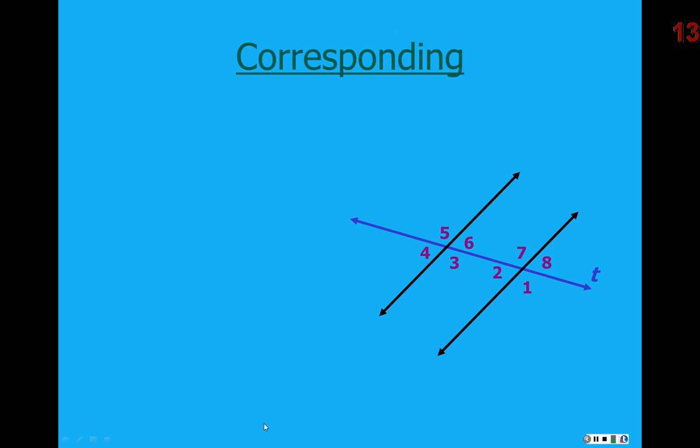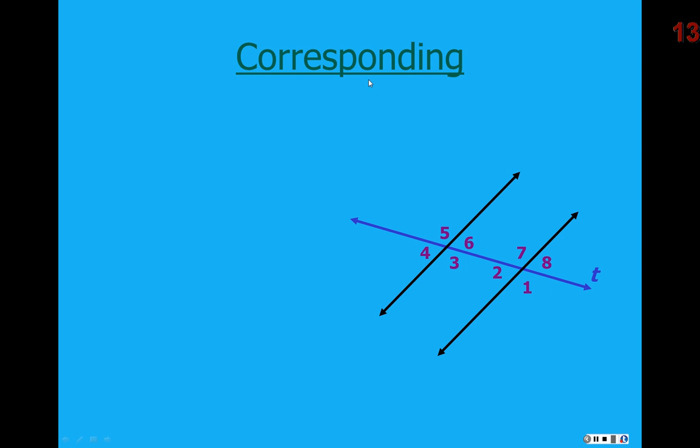Okay, who remembers what corresponding angles are? And a transversal. You need to split the transversal in half and pick up these angles and throw them on top of these angles.